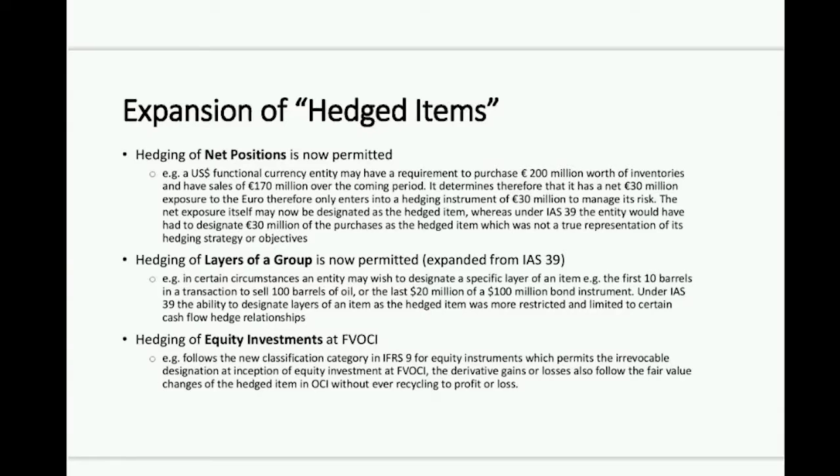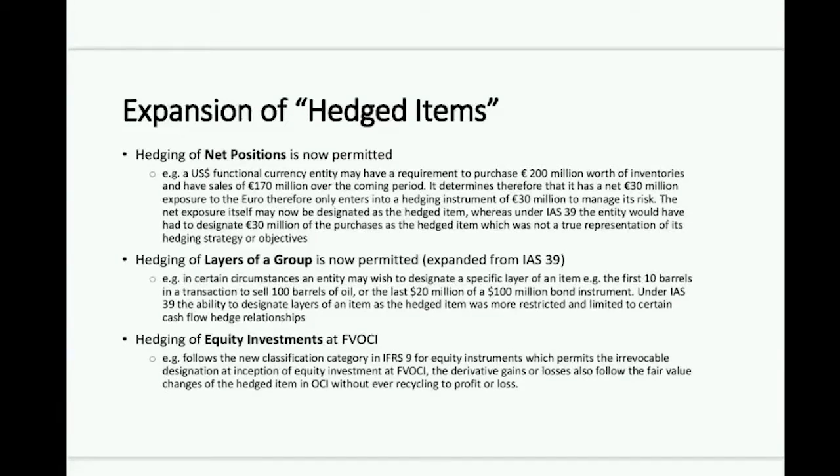So this is slightly different from components of risk, because a component of risk will talk about, I'm looking at the aluminium price, for instance, whereas a layer of risk takes all of the risks that are sitting within the 100 barrels, but limits the hedged item to 10 barrels, as opposed to saying you're only hedging, let's call it, the crude oil price of the 100 barrels that you're looking at.